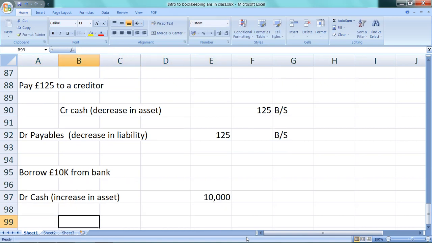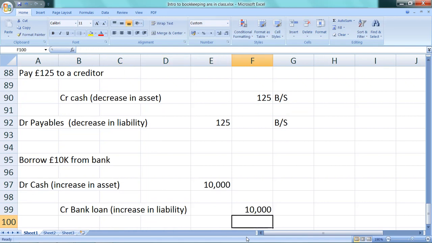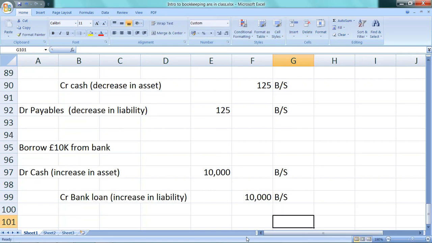Happy days. But then I have the credit. The credit balance is going to go to bank loans, which will be an increase in a liability. That will be a long-term liability, so it's just shown on a different part of my balance sheet. So both of these entries now hit my balance sheet. Does that make sense?